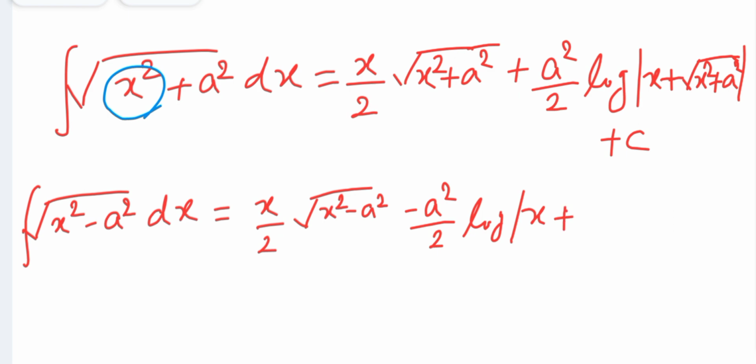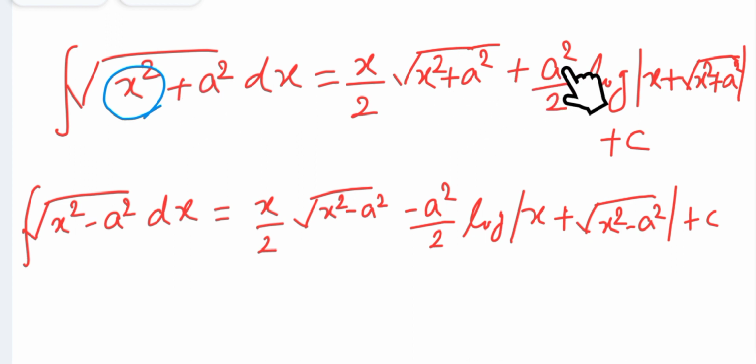Where we have written minus, like if minus a square, then I have written minus a square. Here I will write plus, and then root over x square minus a square, so minus a square, okay, plus c.